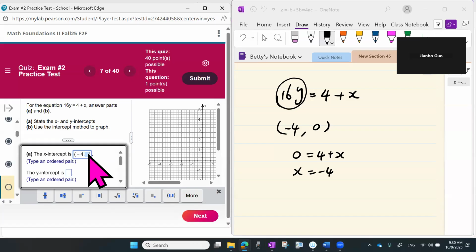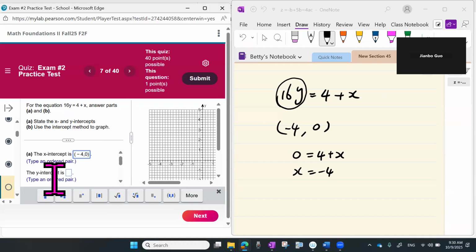To find the x-intercept, make y be 0 and solve for x. To find the y-intercept, we make x be 0 and solve for y, right?